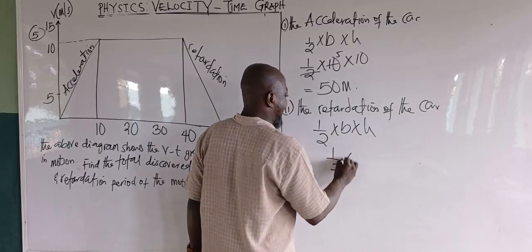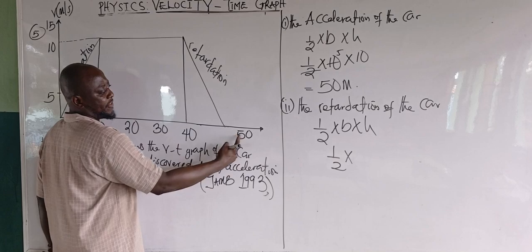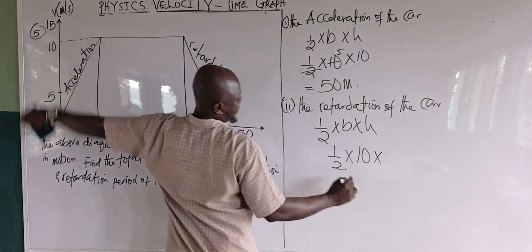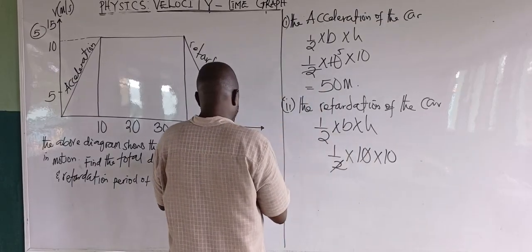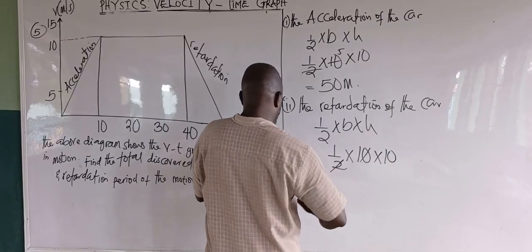So we have it as 1 over 2 times B times H here. What is my base here? We are subtracting the big one from the small one, 50. Well, this one will give us 10 here. What's my height? My height is this one, 10 here. So do the math here.